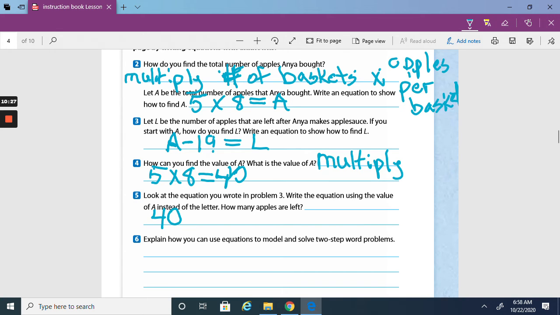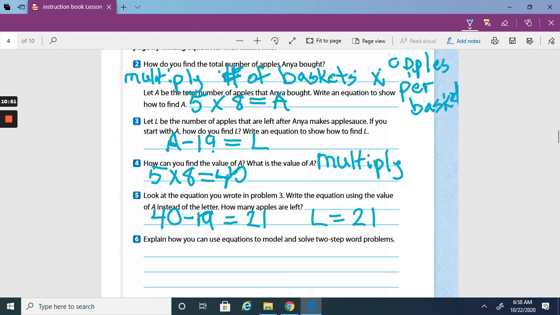And I'm subtracting the number of apples that I've used, which is 19, and that is going to give me L. 40 minus 19 is 21. So L equals 21.